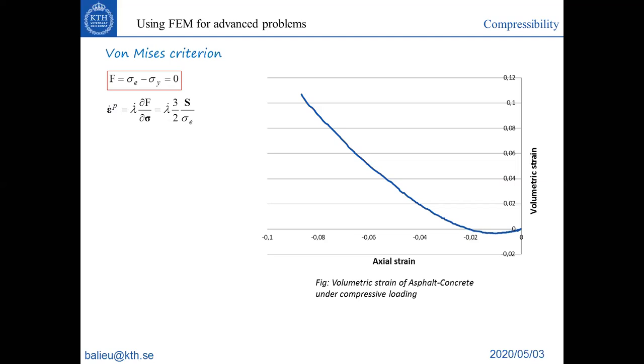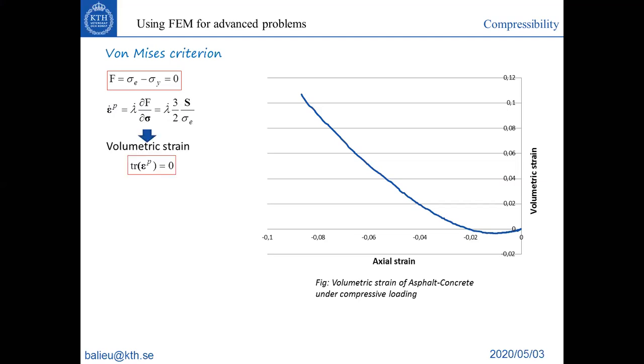This was determined by what we call the normality rule that I presented to you last week. It was the plastic multiplier multiplied by the derivative of the yield surface by the stress, and this gave you something like that.